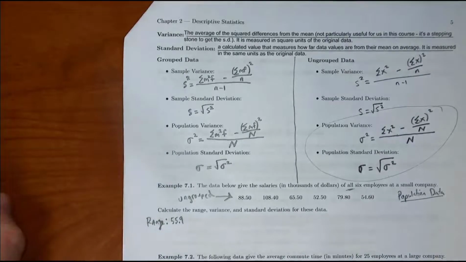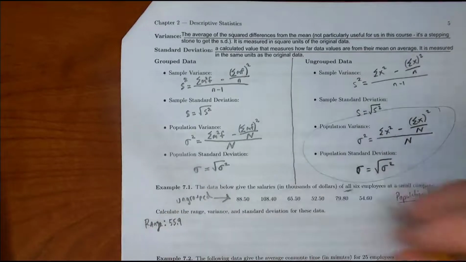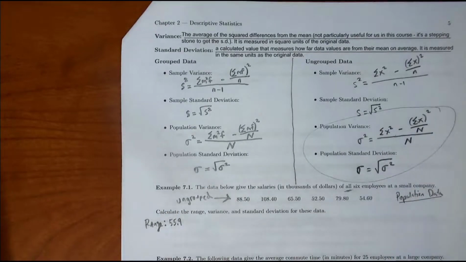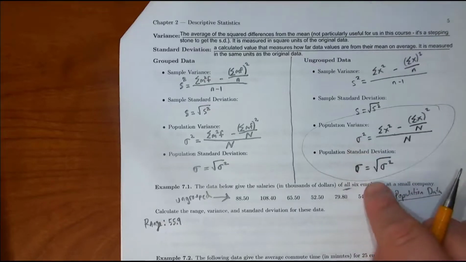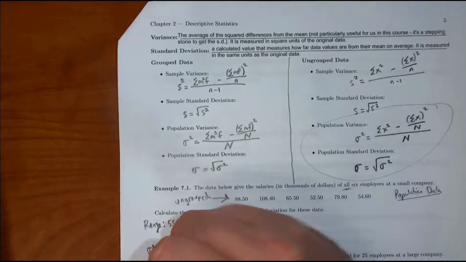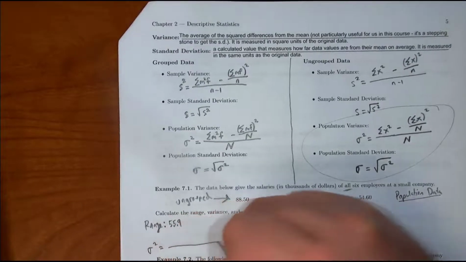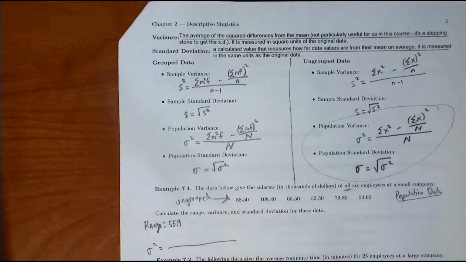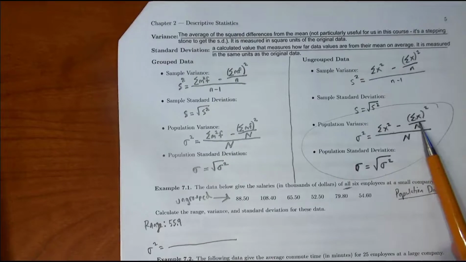Now, standard deviation and variance take a little more work. You have to do the variance before you can get standard deviation. So let's just hop right in. Sigma squared is the variance. It's a big fraction. Now what we need is the sum of the x squareds, and the sum of the x's. We already know n.